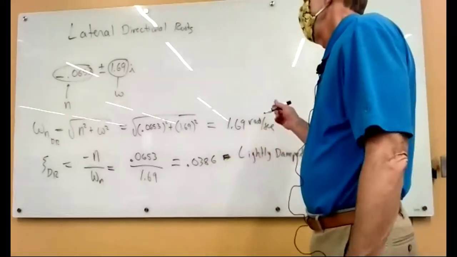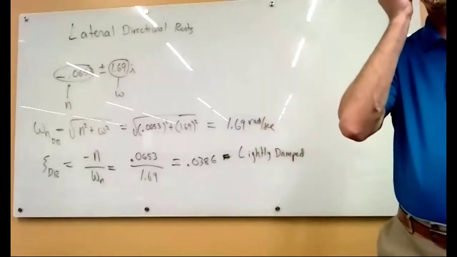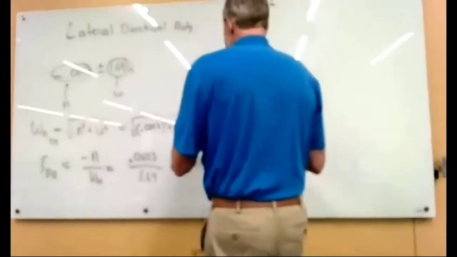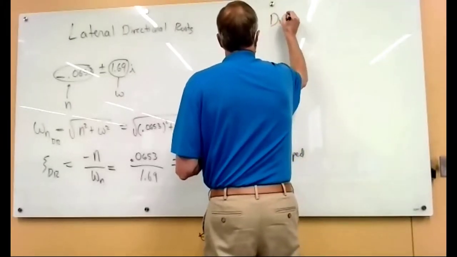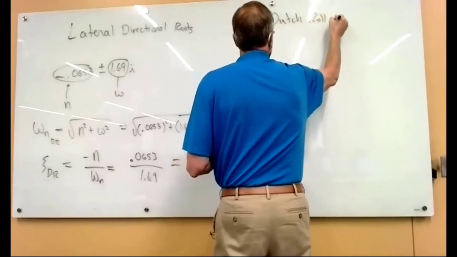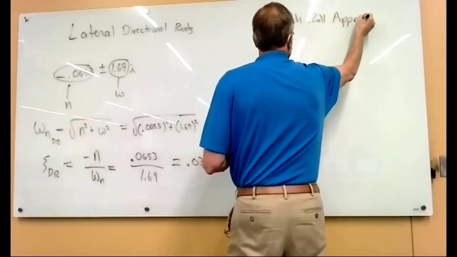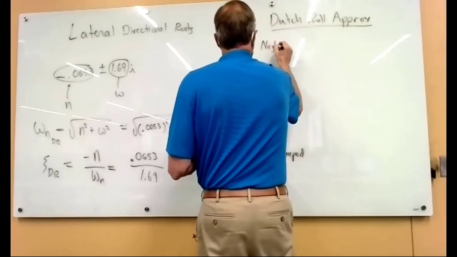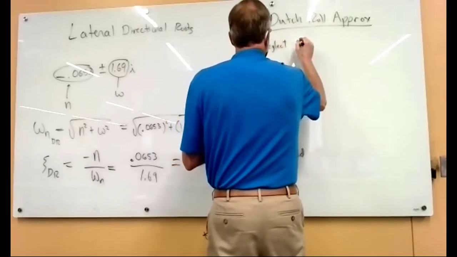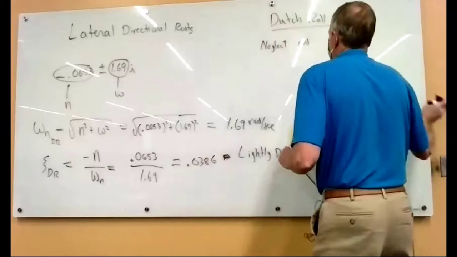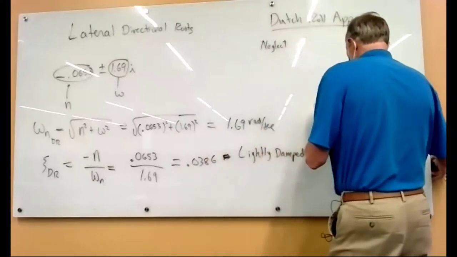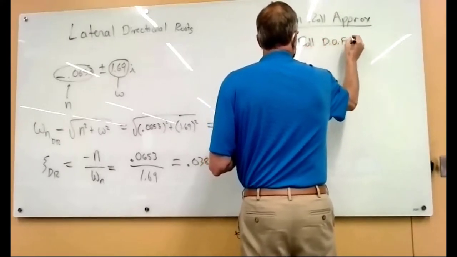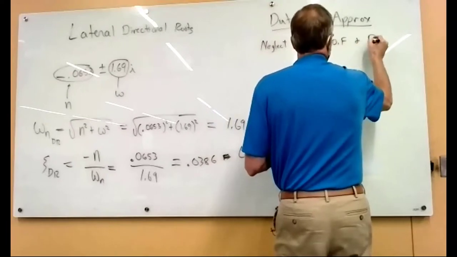So again, the process of finding all of the dimensional derivatives and then finding the A, B, C, D, E coefficients and then finding the roots is long. So there is a Dutch roll approximation, where we neglect the roll degree of freedom, and the rolling moment equation.